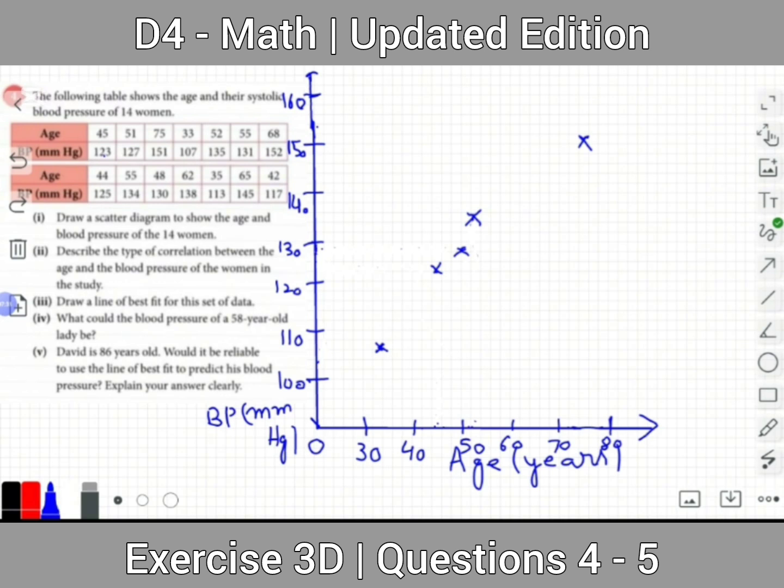Now for 55 and 131, here we have 55 somewhere here. Here we have 131. So we'll put a cross here.